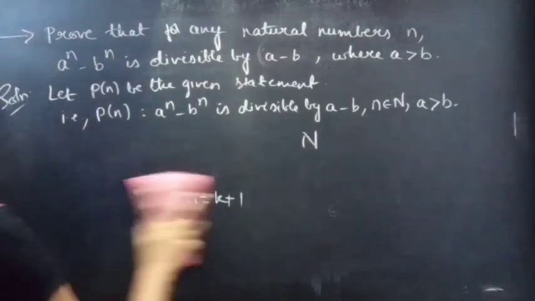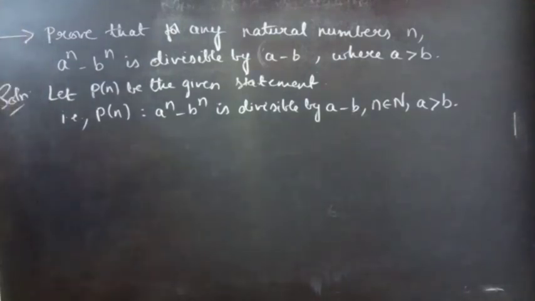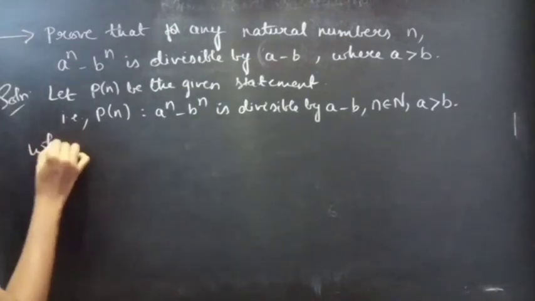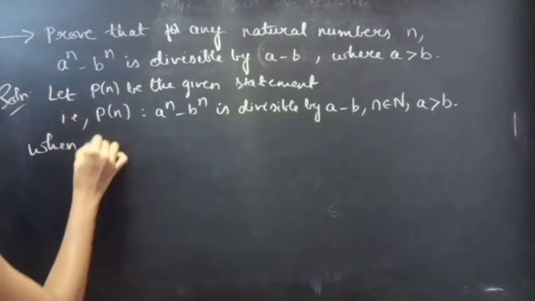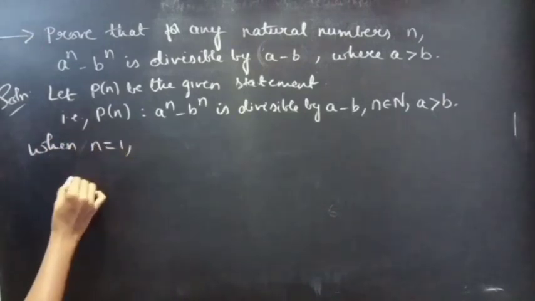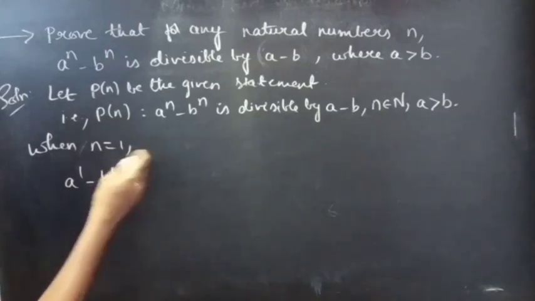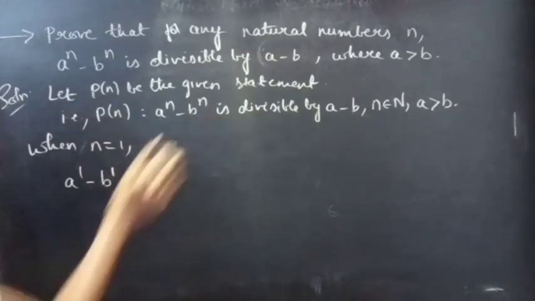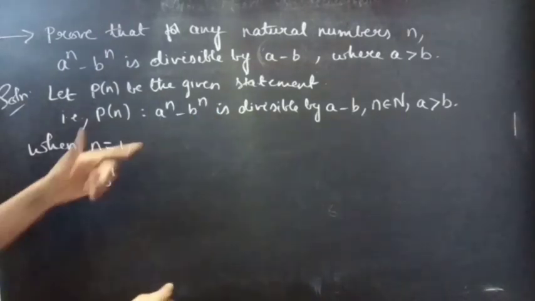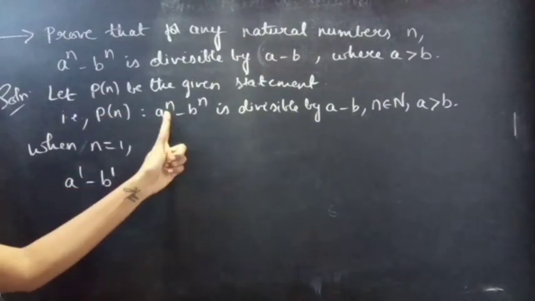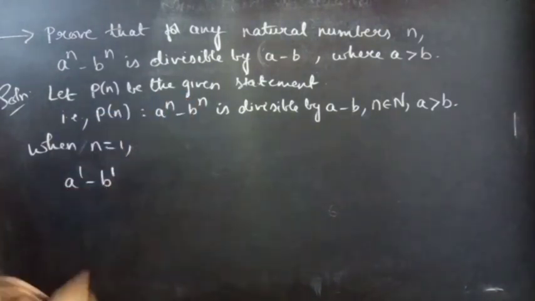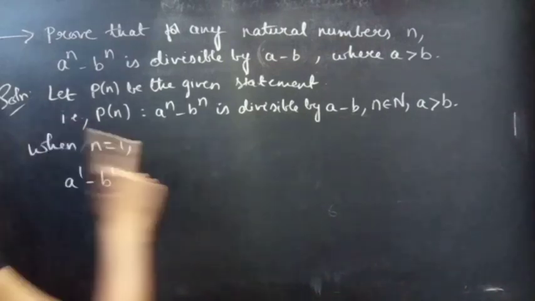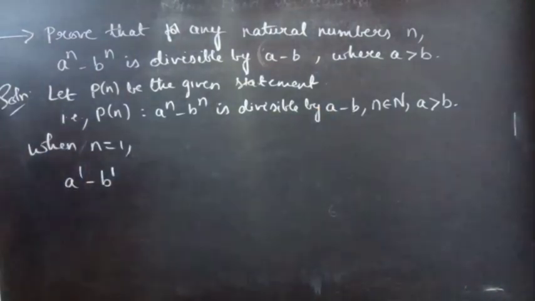So let's see. When n equals 1, a power 1 minus b power 1. Consider a power n minus b power n, and we'll check whether the statement is true for n equals 1 or not. That is, a power 1 minus b power 1 must be divisible by a minus b.